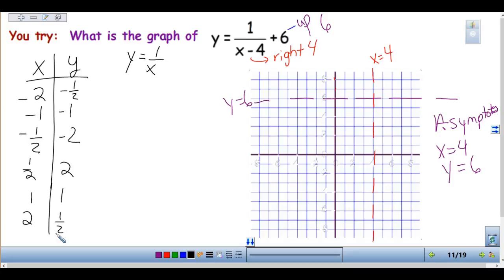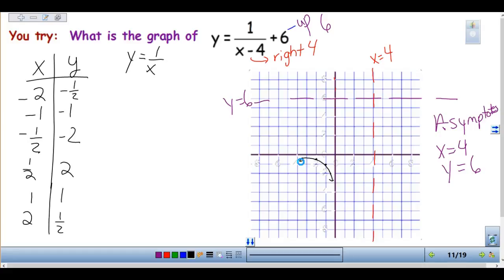Yeah, so we're just going to plot that. And then I'm going to shift them. So I'm going to put these in black and then I'll shift the other ones into blue or something. So -2, -1 here. Here's my parent. I would not have it perfect, but I did.